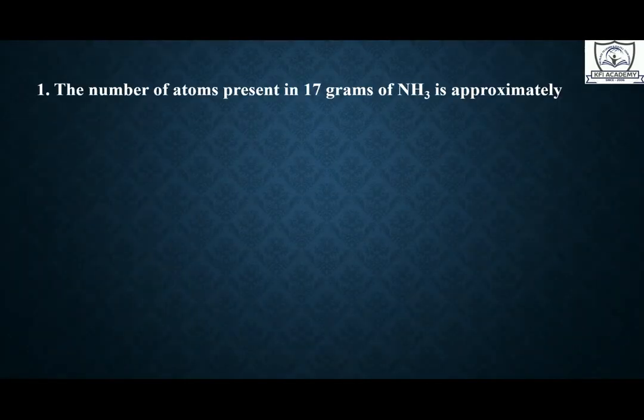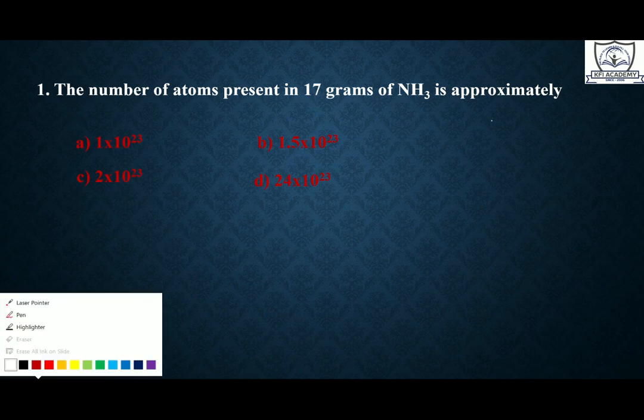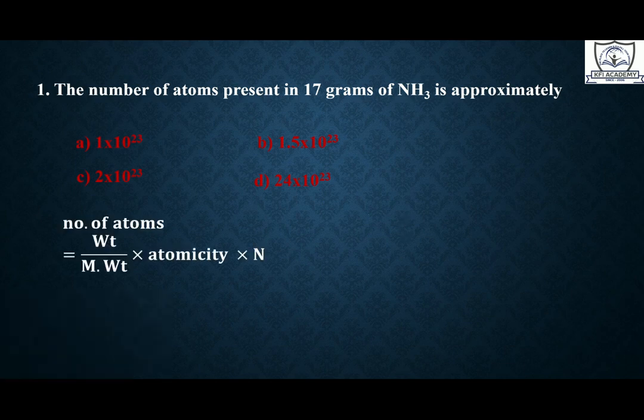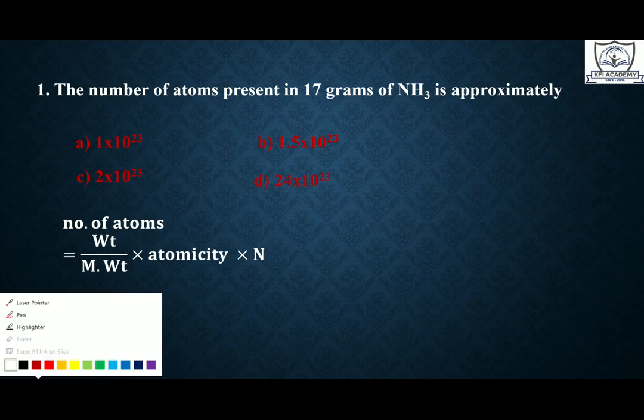Number of atoms present in 17 gram of ammonia, approximately. There are 4 options given. What is given here? First of all, mass is given. So how can you find moles? Simple thing: number of moles is equal to weight by molecular weight.